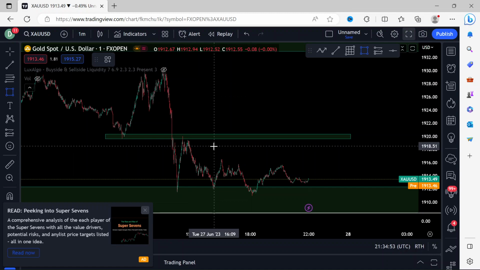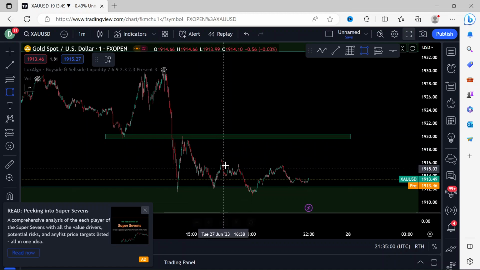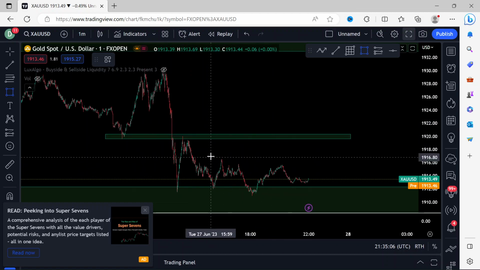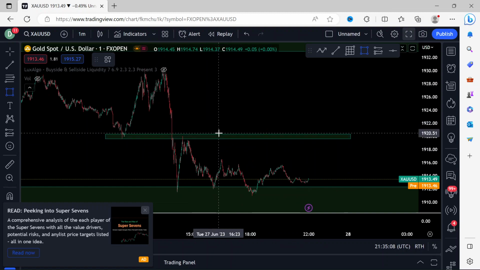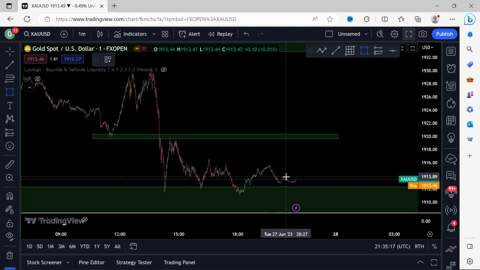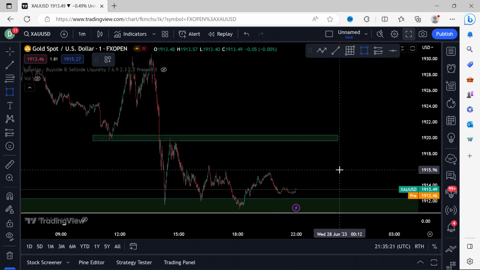So what we're going to do is to wait for a change of character, that is to break this high. We need price to break this high, and when price breaks this high, we wait for a fair value gap to be retested, and then we can have a potential buy from there.